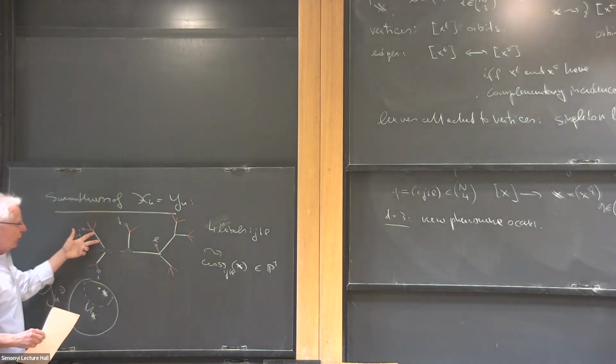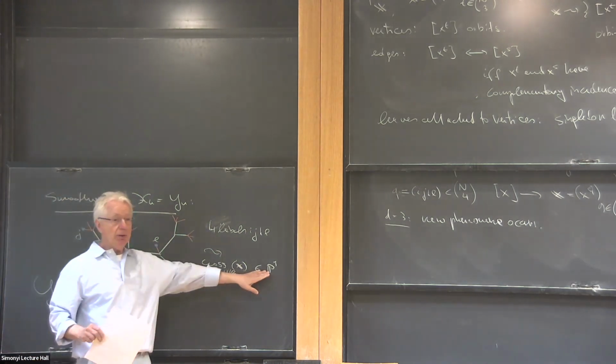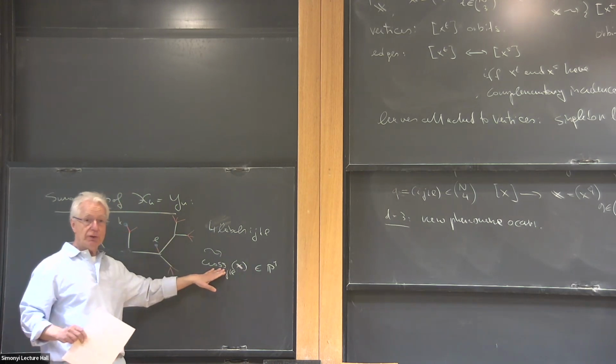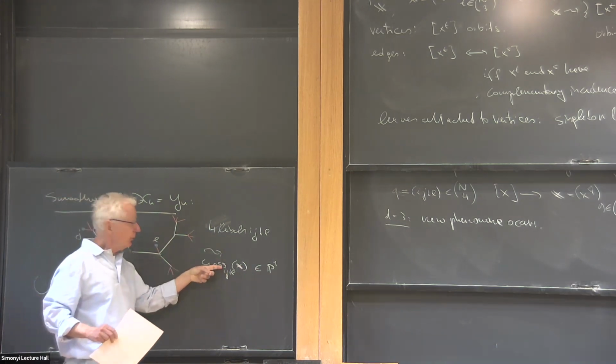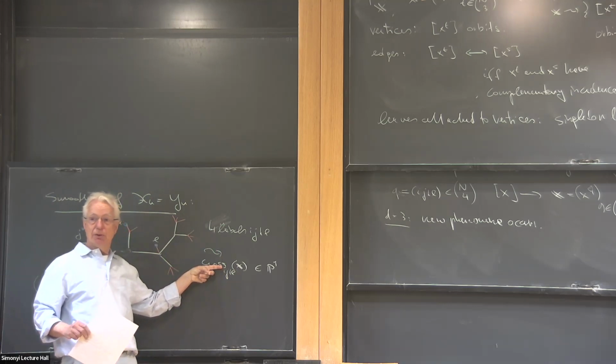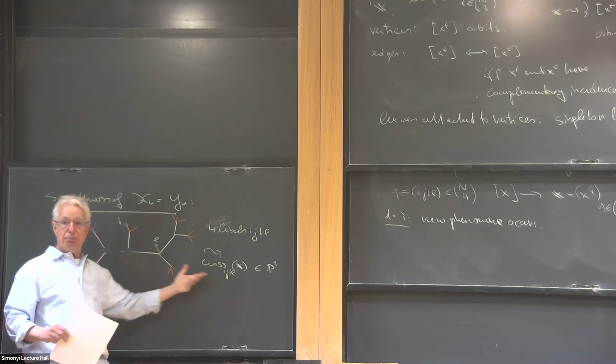Like this, you get n-3 elements in P1, the cross ratios, and you prove that all other cross ratios can be constructed from these selected ones. And so you have an inverse map, and you are done.